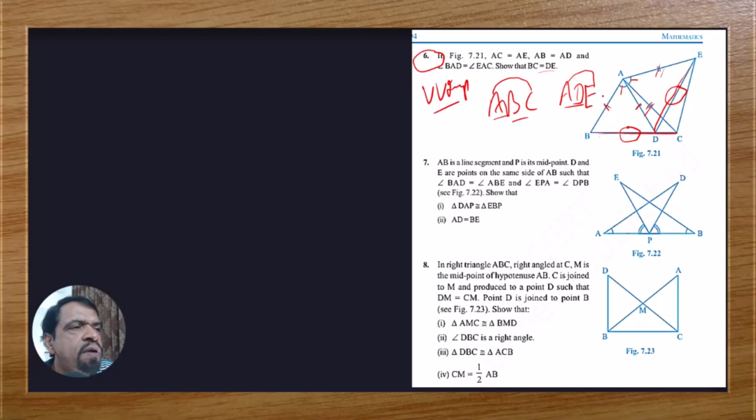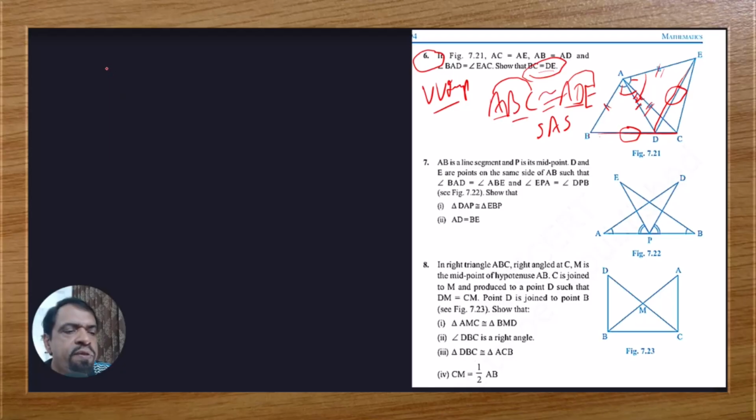These two are not parts of this triangle, so we'll do one thing. We'll suppose this small angle is X. We'll add this angle X on both sides, here and here. So this will become BAC and DAE. So the triangles are congruent by SAS. So by CPCT, BC equal to DE.